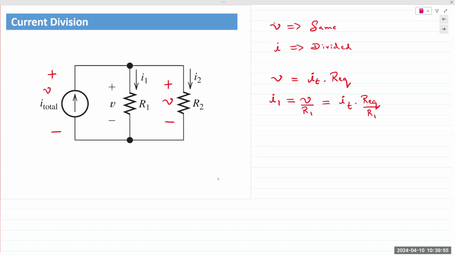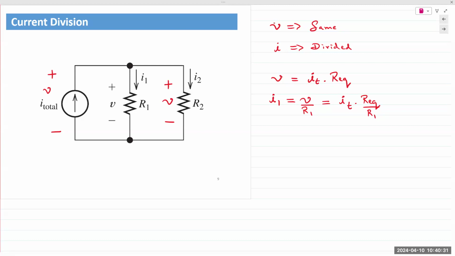Current division principle states that if a current is supplied to a parallel network of resistors, a fraction of that total supply current flows through each resistor. The fraction is given by the ratio of Req to R1, or Req to that resistor. The format of both equations is the same. The only thing is, for voltage division, Req is in the denominator, and for current division, Req is in the numerator.